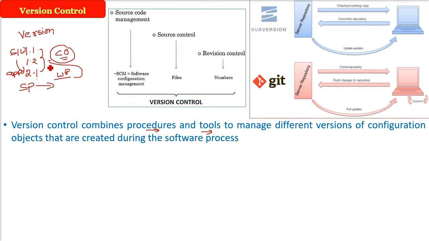Baseline you can say, or you can say the lifeline. Even the user manual will have some version, even the source code will have some version, even the design will have some version.